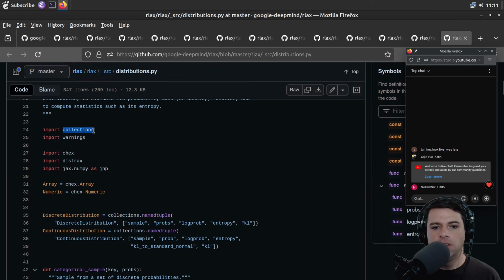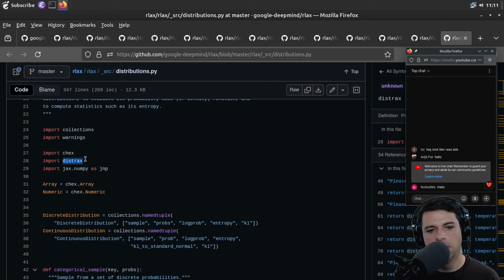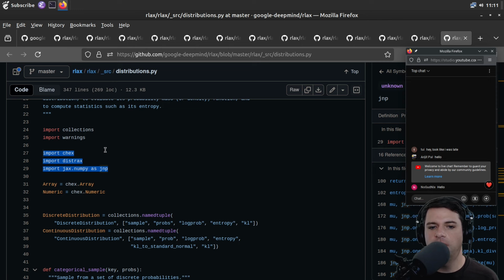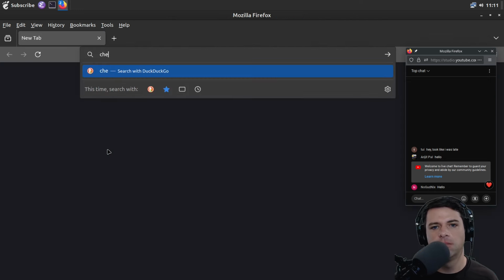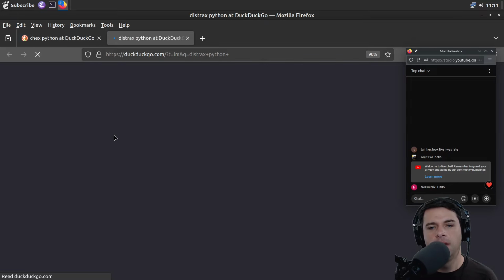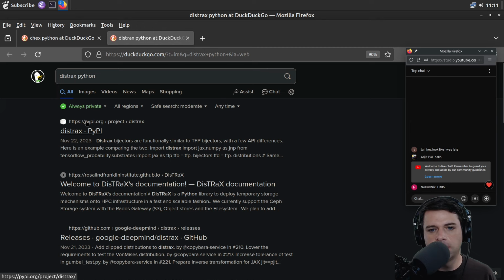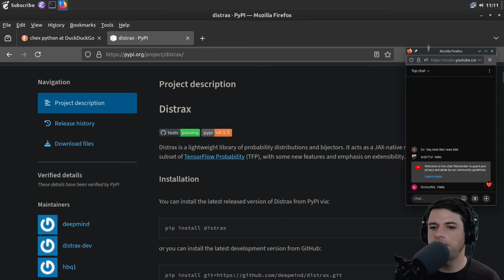So we're importing collections and warnings and checks, but not balances, and distrax. I don't know what those are. I guess those are Python libraries. An array is a checks array. Distrax, bijectors. Wow.